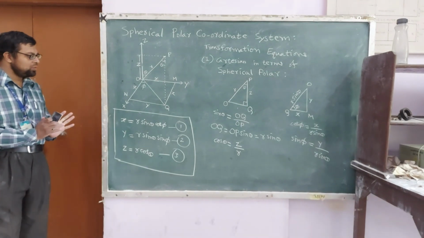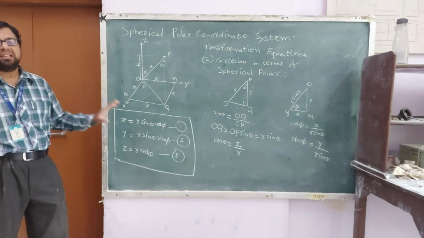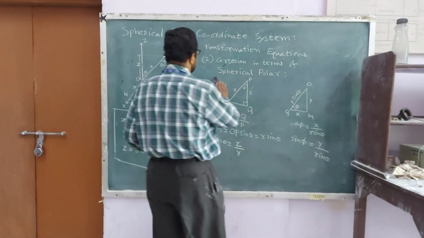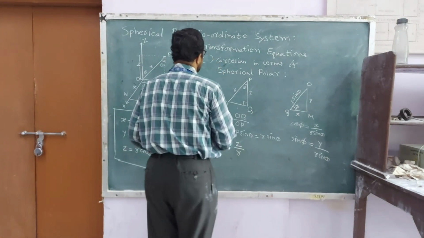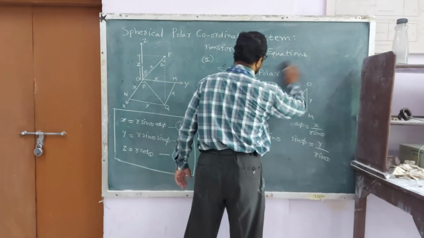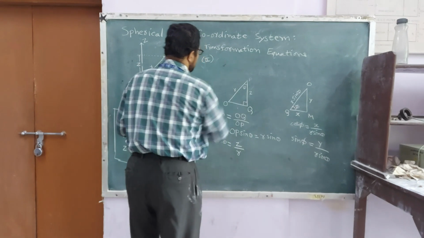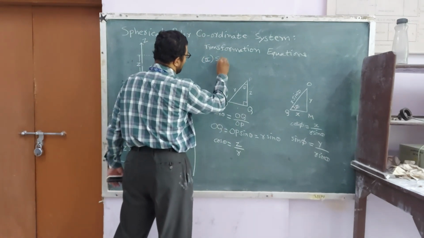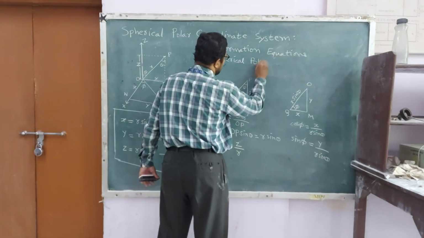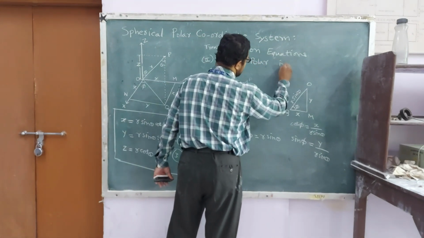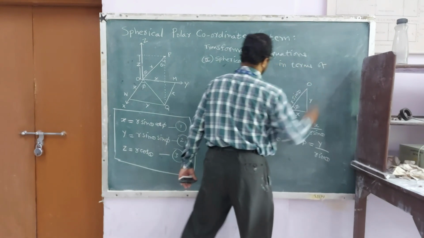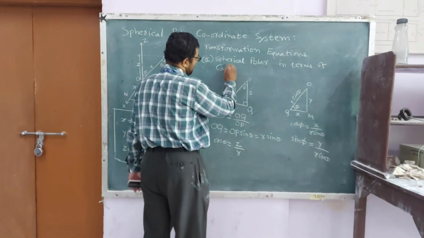Now we have to find out r, theta and phi in terms of x, y and z. So for that purpose, I will write down here the second part, that is spherical polar coordinates in terms of Cartesian coordinates.